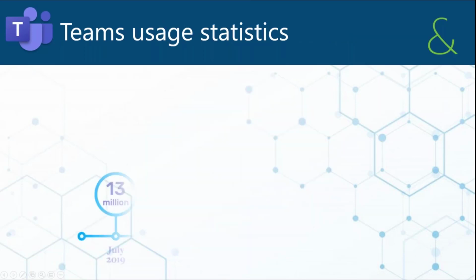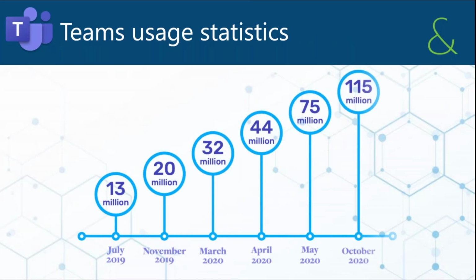So like I showed last month, just high-level statistics. Teams was launched in 2017. The pandemic has really skyrocketed its usage, with almost 100 million additional daily users since last October. Organizationally, when Teams launched in 2017, there were 50,000 organizations using it.